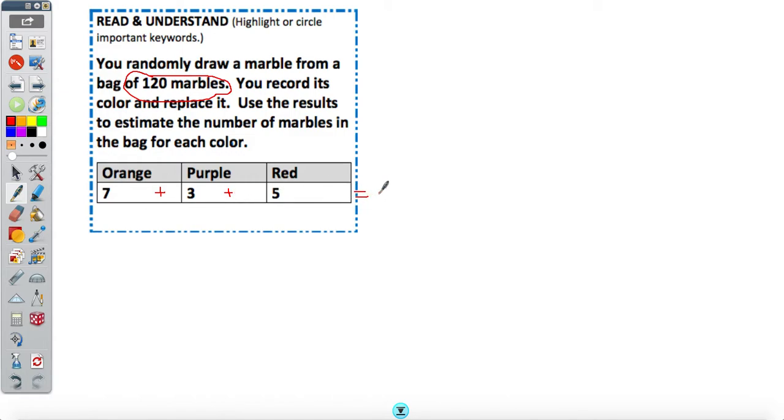That gets me to 7 plus 3 is 10, and 10 plus 5 is 15.